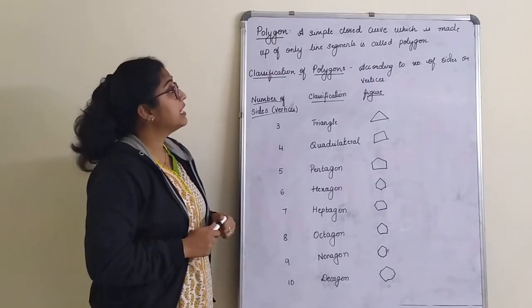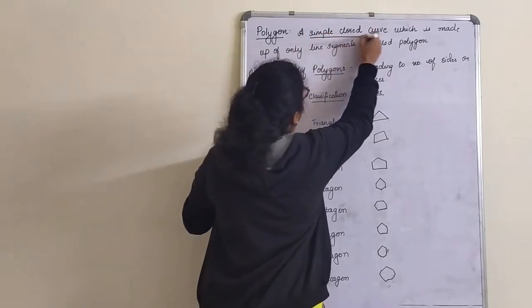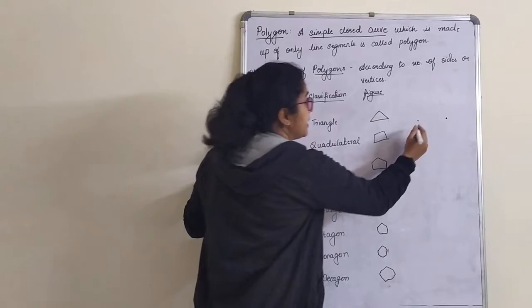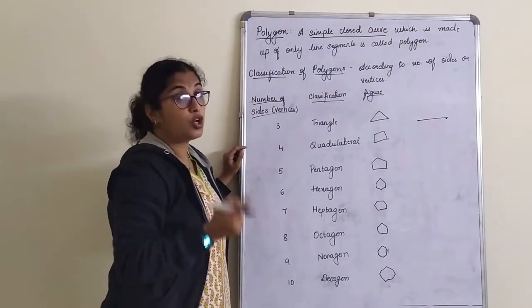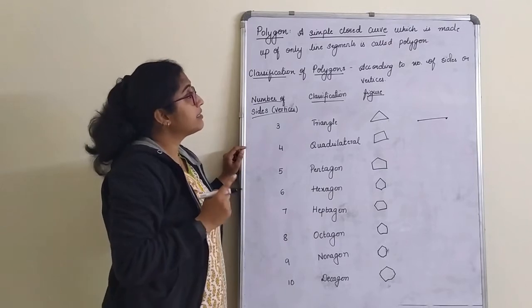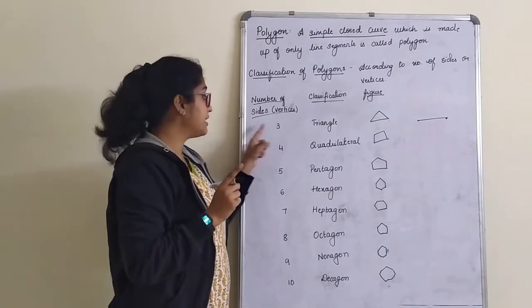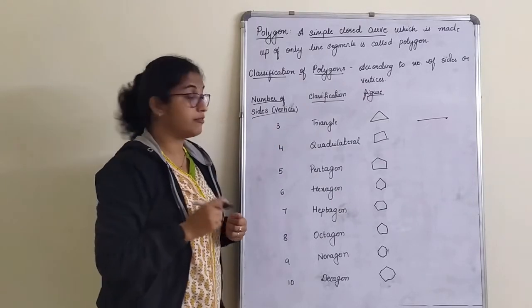Read the definition: a simple closed curve. That means if I have 2 points, it will be only a curve. It will not be a simple closed curve, right? It is made up of line segments, which is a simple closed curve. It has to start from 3 only. 2 will form only a curve.